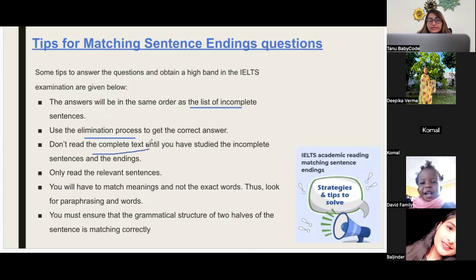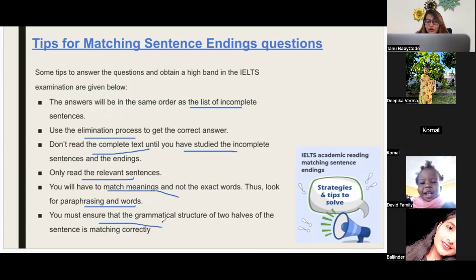Don't read the complete text until you have studied the incomplete sentence or ending. Only read relevant sentences. You have to match meanings, not the exact words. You have to match the meaning, not the exact words. So look for paraphrasing and the words also.